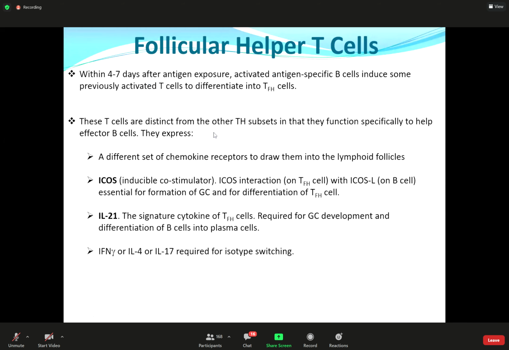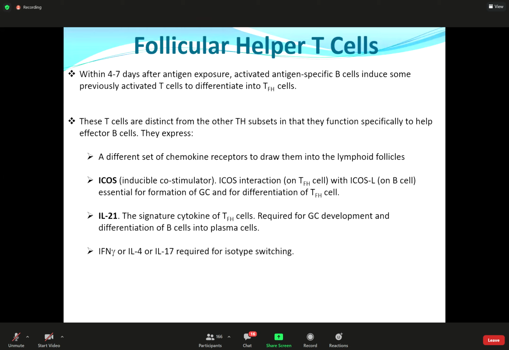And this is just something about these follicular T helper cells. As I said, they are essentially lymph node or spleen variants of these Th1, Th2, Th17 cells that I talked about. They are specific to these secondary lymphoid organs. They don't migrate through the lymphatics or the blood, just like the Th1, Th2, Th effector cells.